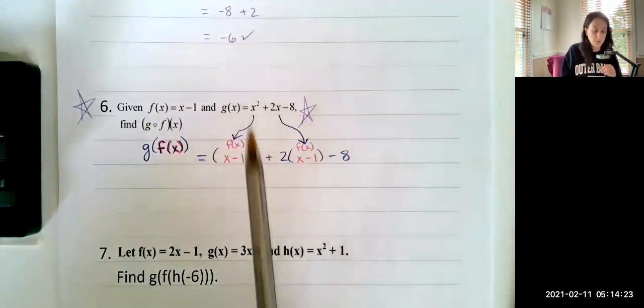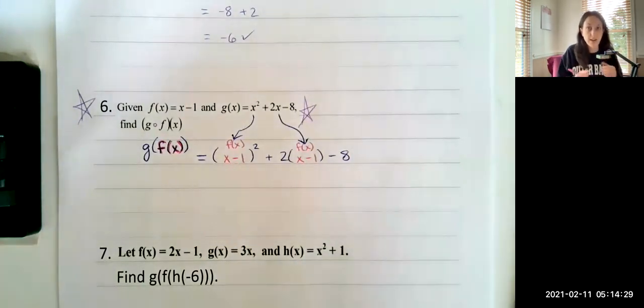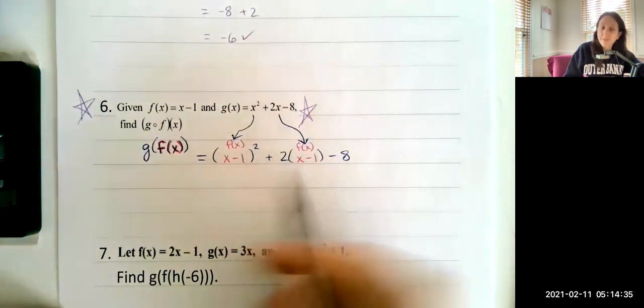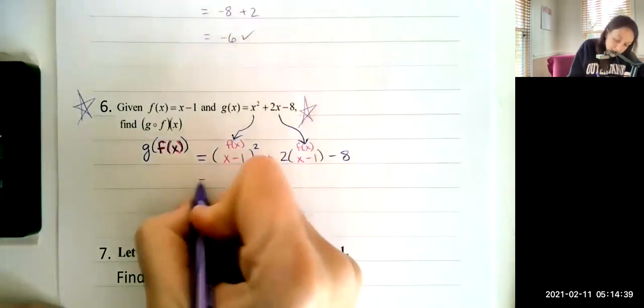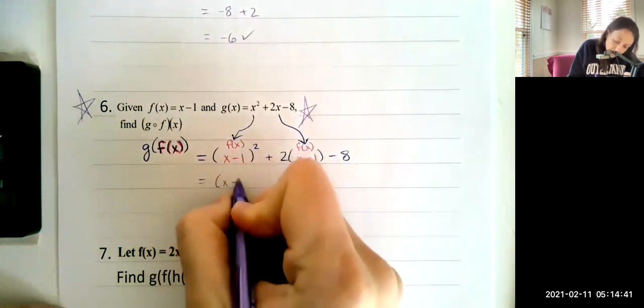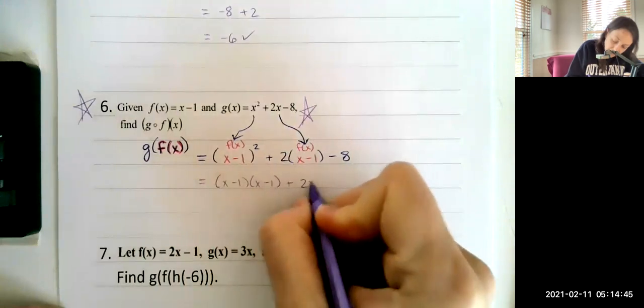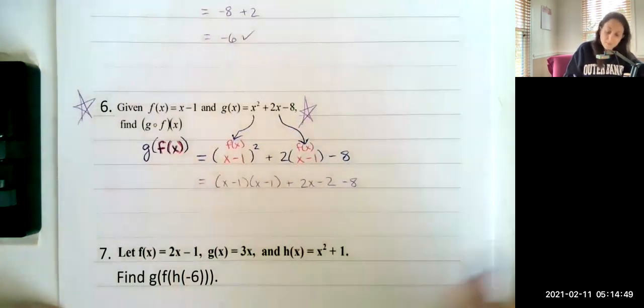These problems where there's more than one location of x means that you've got to sub in every location of x. So you might have to do some extra work. All right, so I've got g, I've got f. Now it's time to simplify. So I can switch to purple. Here we go. x minus 1 times x minus 1 plus 2x minus 2, I distributed the 2, minus 8.